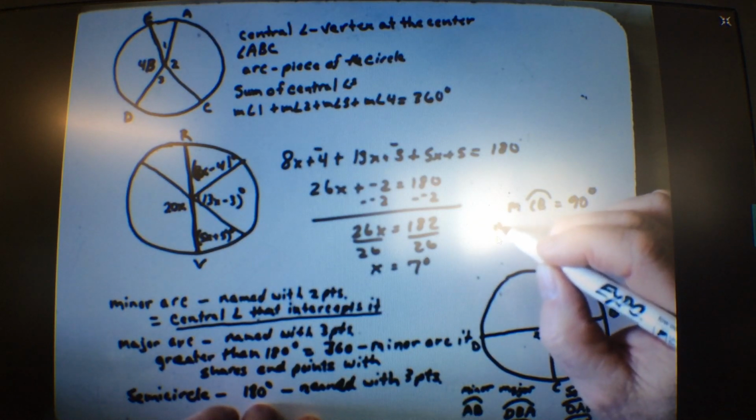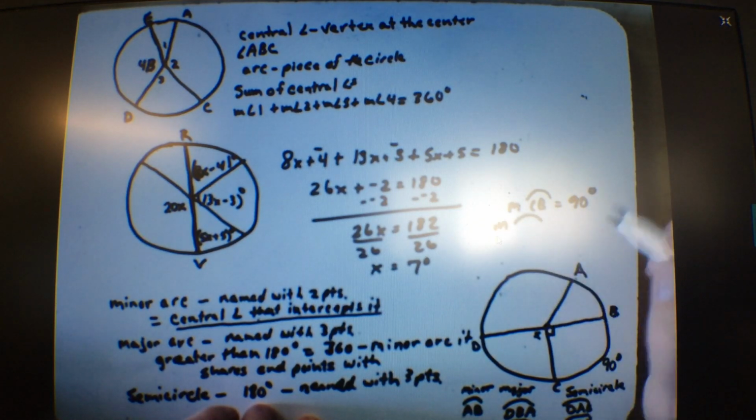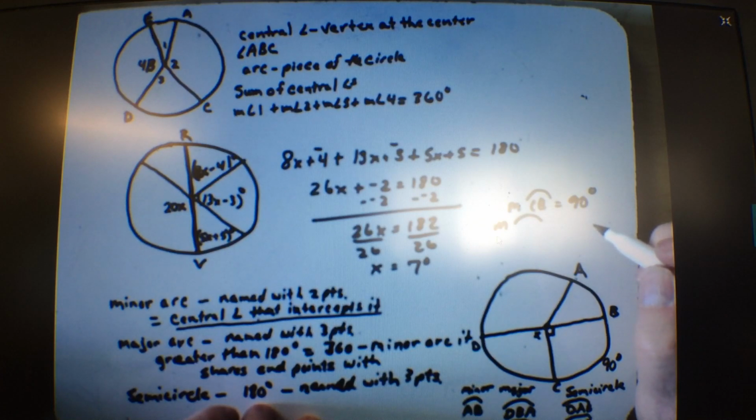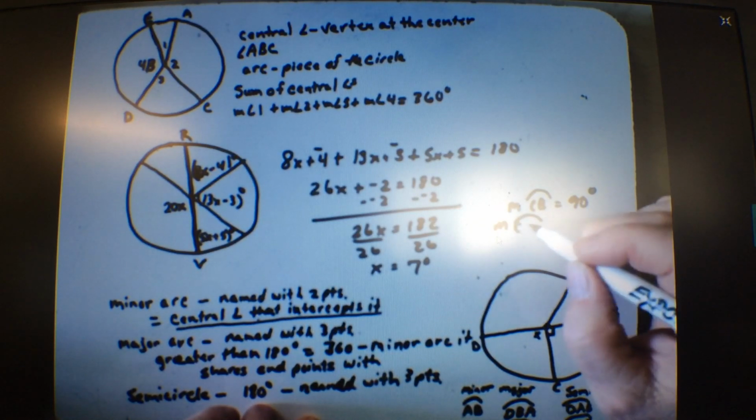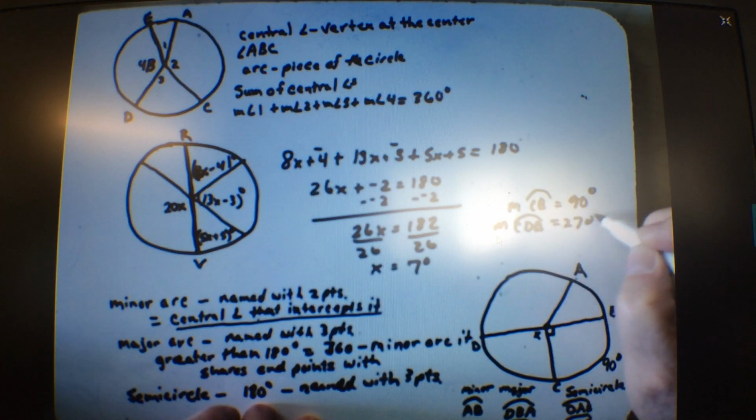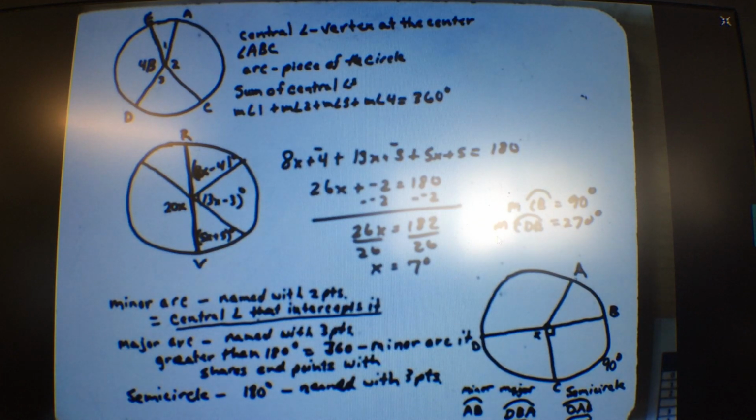Then I could say the measurement of arc CDB, and I got to use 3 letters, or I could use CAB, is 270 degrees. Now they got to add up to what? 360. Okay?